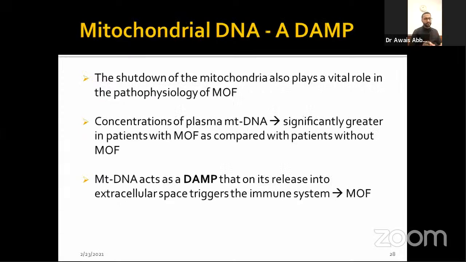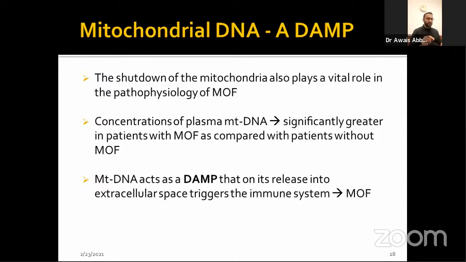I will just discuss mitochondrial DNA, which is a DAMP. At least in the literature that I have searched, it shows that the shutdown of mitochondria plays a vital role in the pathophysiology of multi-organ failure.